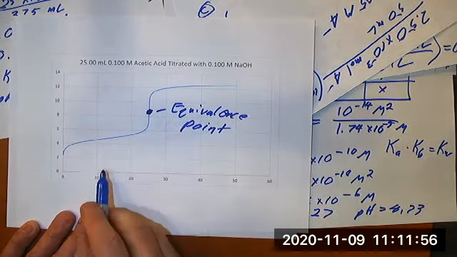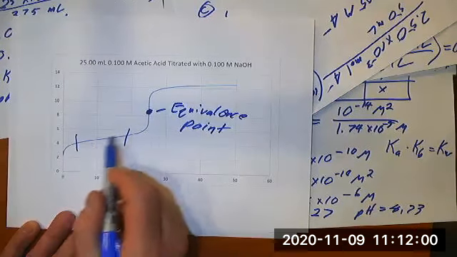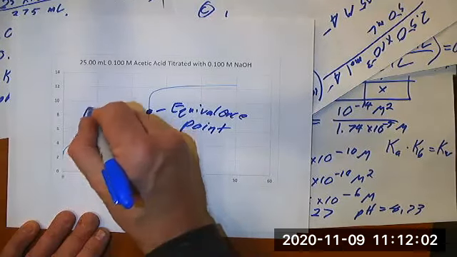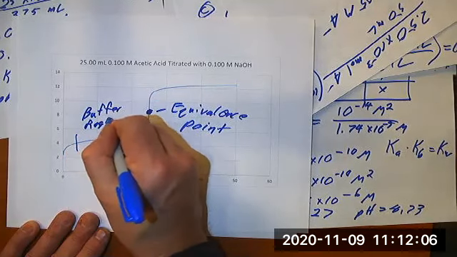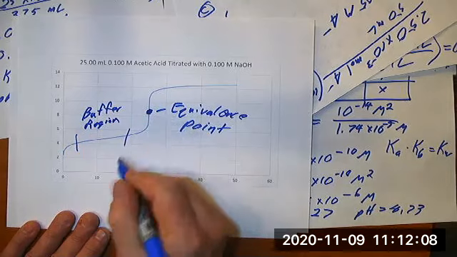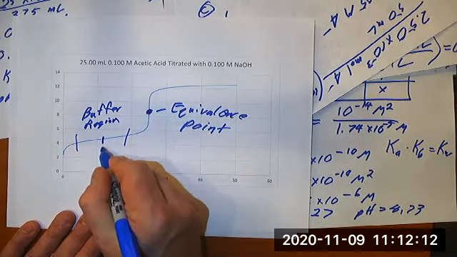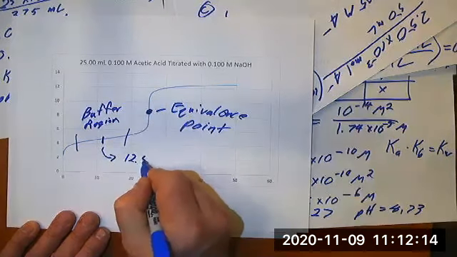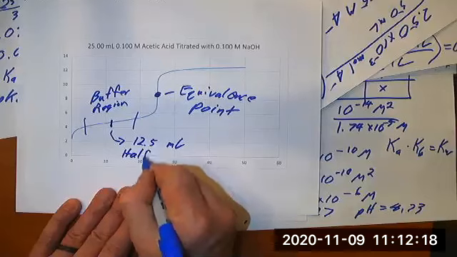And notice as well this region around here, where the pH is not changing very much. This is the buffer region. And at 12.5 milliliters, this is known as the half equivalence point.